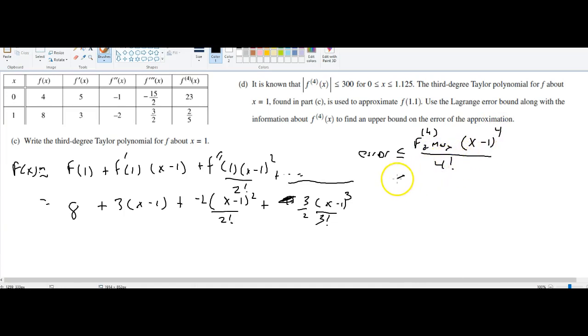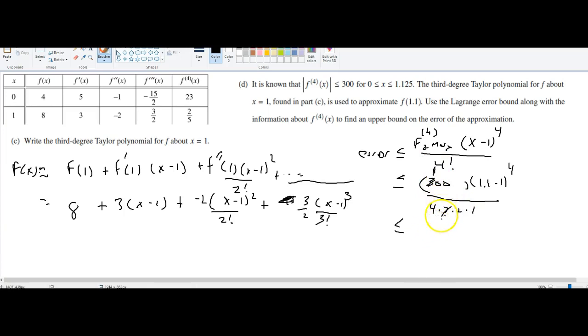All right, and so now we say, well, the maximum the error could be according to that is 300, so I'm going to put a 300 right there. I'm going to note this is 1.1 minus 1 to the fourth power, which is just 0.1 to the fourth power. This is 4 times 3 times 2 times 1, and so the 3's cancel out, making this 100.